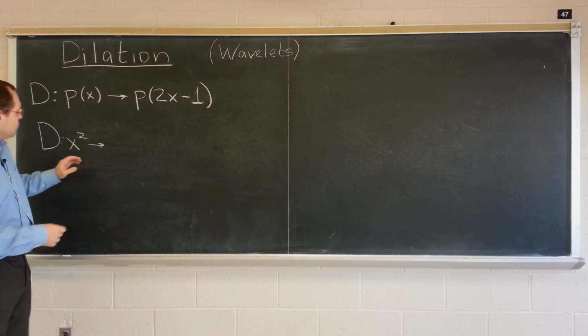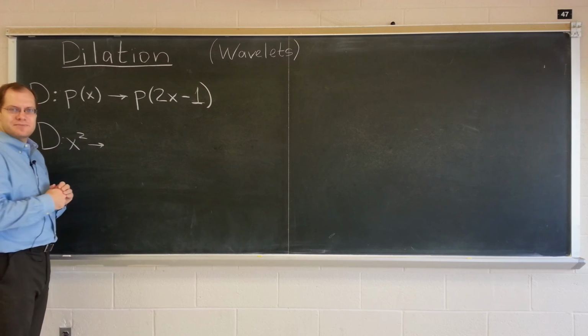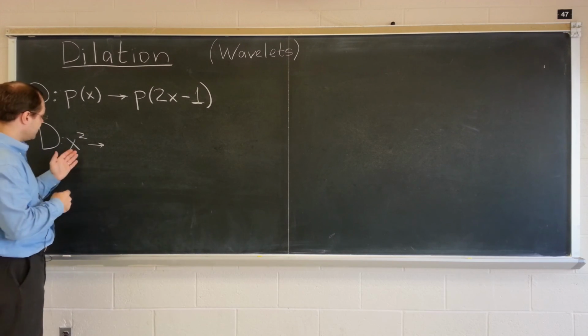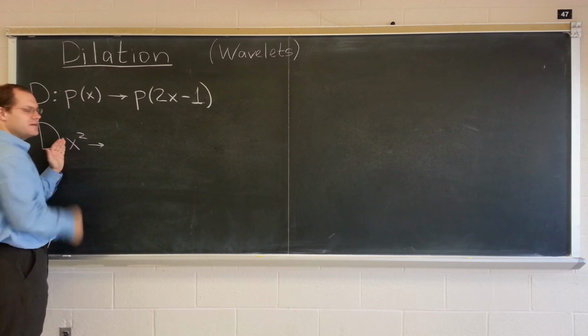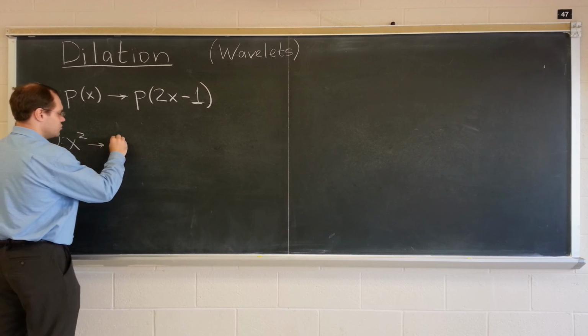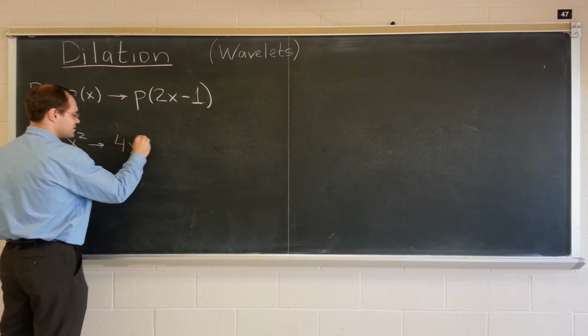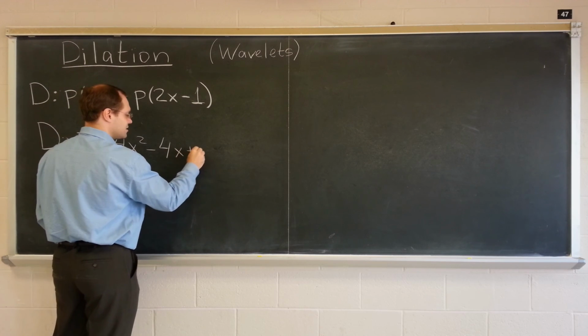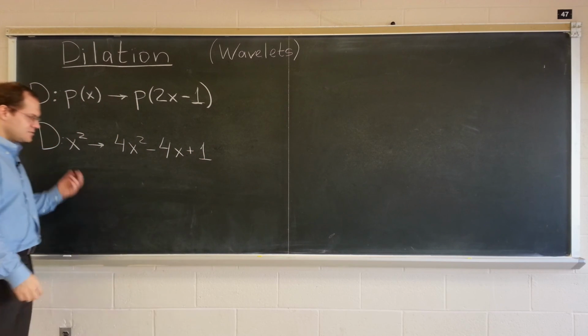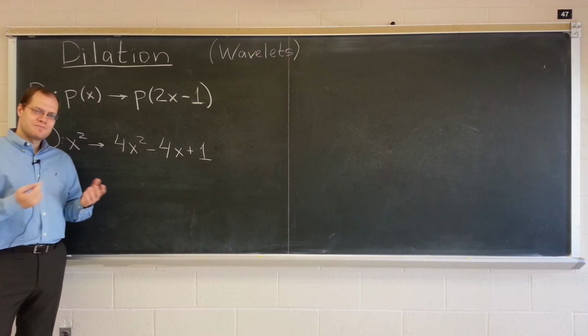So the rule is, whenever you see x, plug in 2x minus 1. So x squared goes to, imagine 2x minus 1 squared, goes to 4x squared minus 4x plus 1. That's what this linear transformation does.